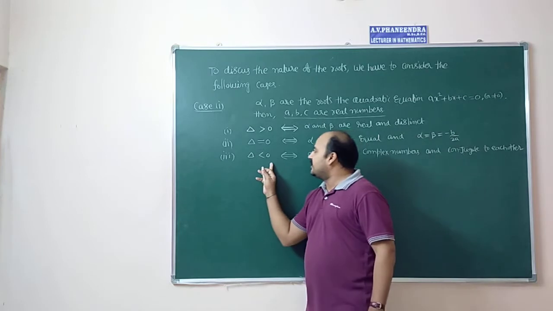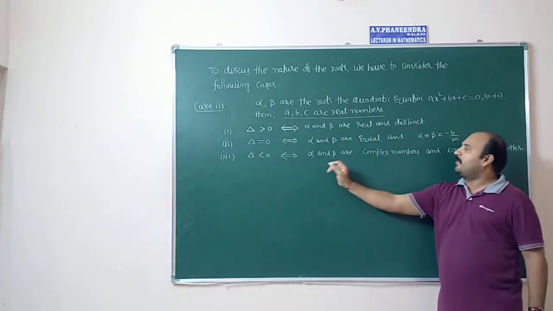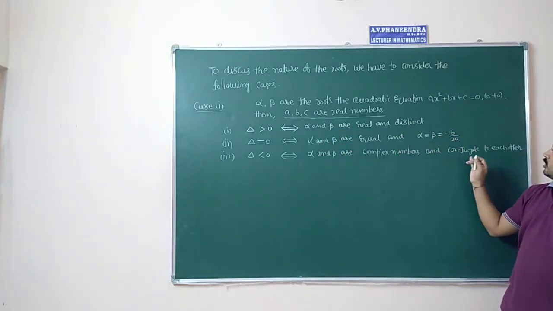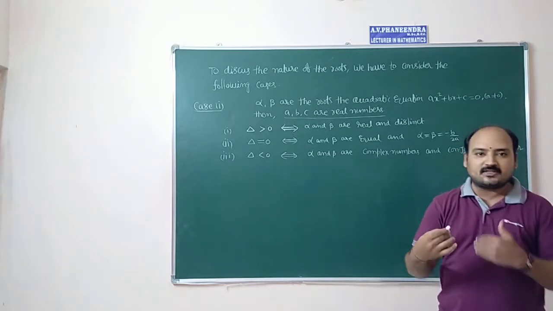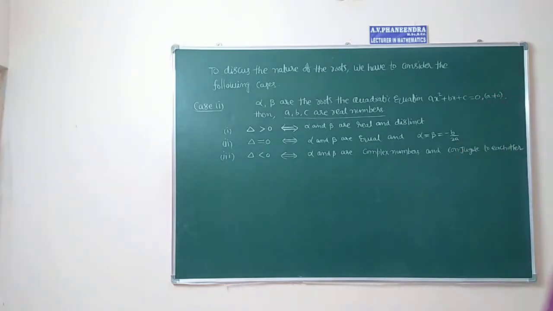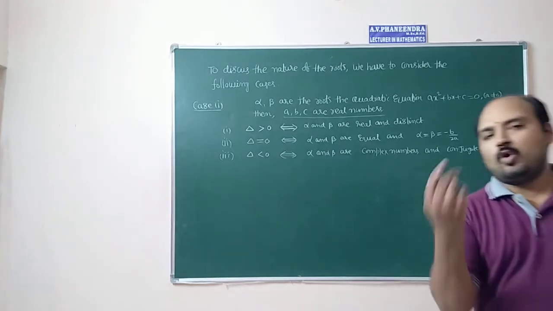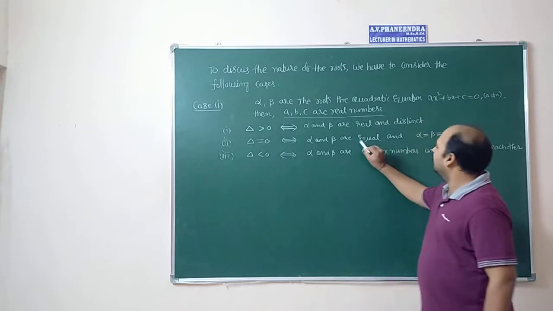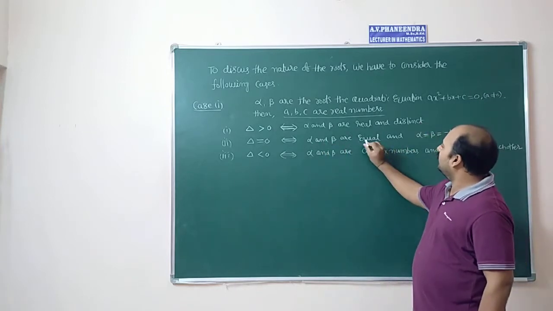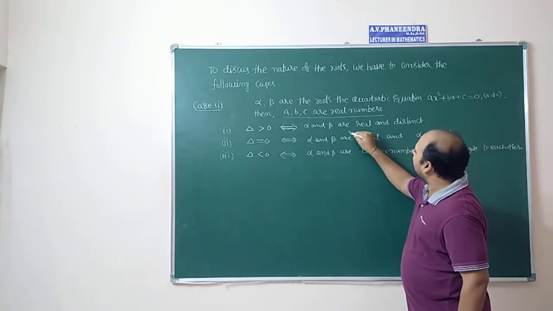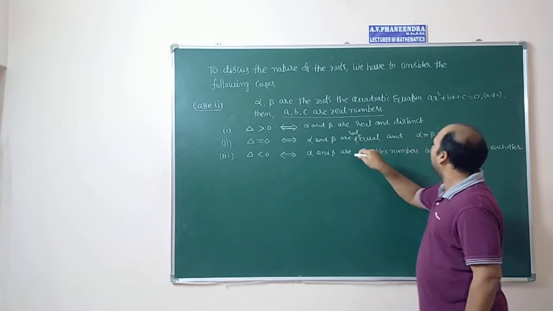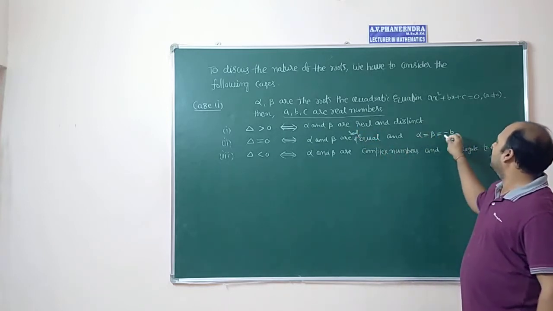If delta is less than 0 if and only if alpha and beta are complex numbers and conjugate to each other. Before going to the second case, here alpha and beta are not only equal, they are real and equal, I forgot to write that, and then alpha equal to beta equal to minus b by 2a.